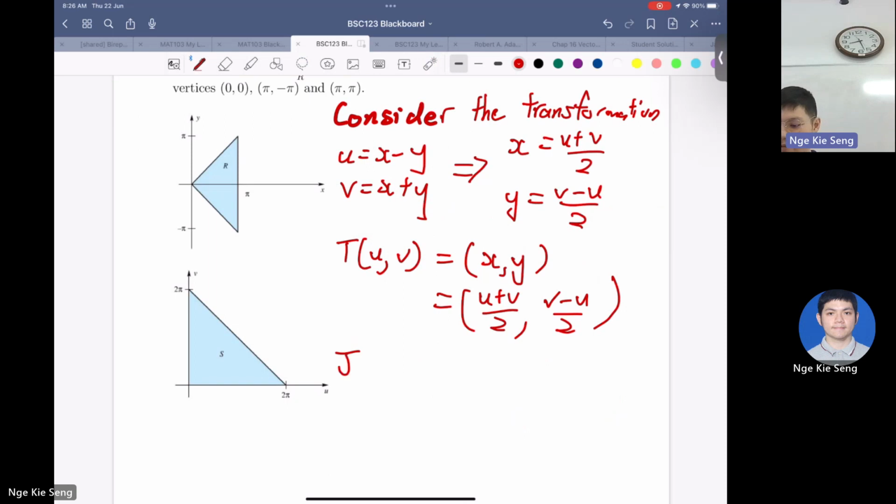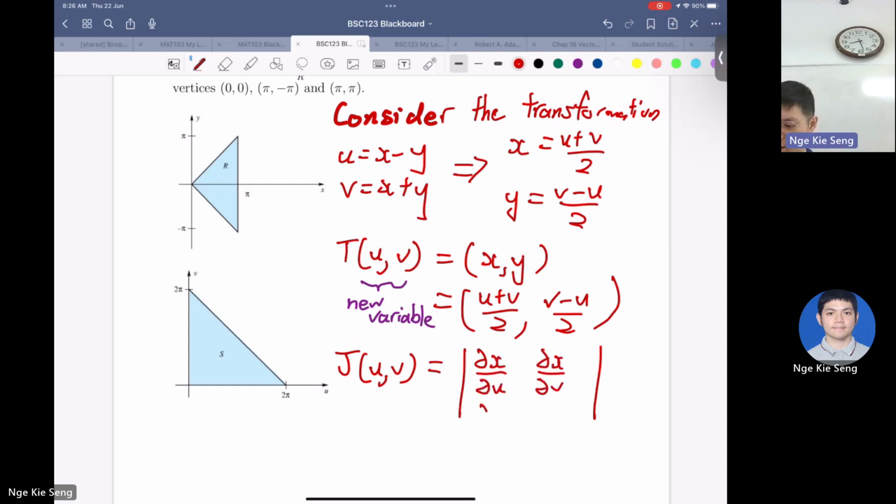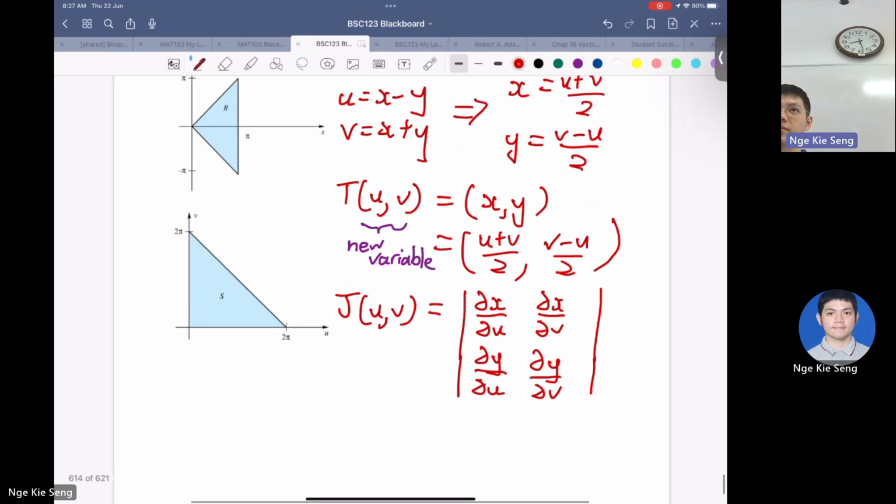So this is T. If this is T, what is the Jacobian? Remember, what we put here is a new variable. T goes from new variable to old variable, defined by the new variable. So what's the Jacobian here? Del x over del u, del x over del v, del y over del u, del y over del v.